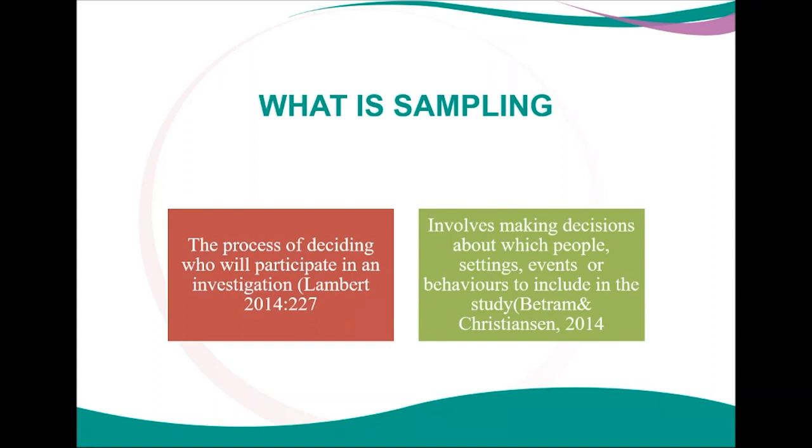It involves making decisions about the people, the setting, the events or behaviors to include in the study. So even the setting, you need to tell us where your study will take place and why you have chosen it, and how you decided on that context, or how you decided on that setting that you have chosen?